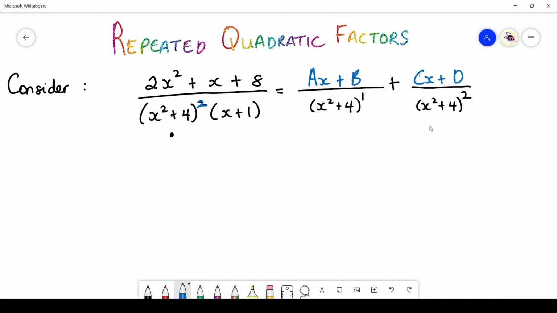All right. So this can be a little confusing. This first time you see it, you really need to understand. First of all, you observe your type of factor. If it is repeated, then you have to do a certain number of splits to accommodate that power. And your denominator starts from the power of 1 and keeps increasing till you reach the designated power present in your factor. After you're finished observing that power, then you're finished with your denominator.